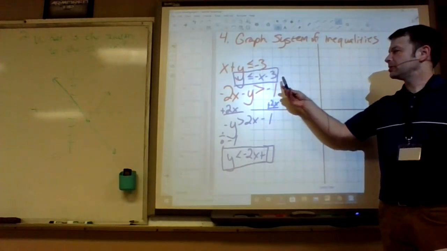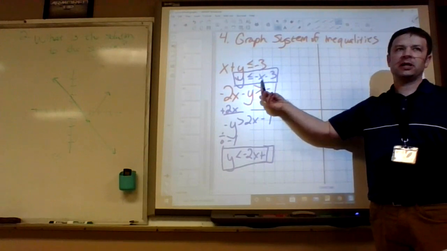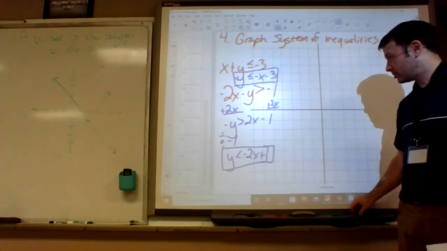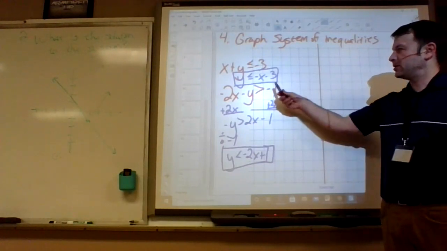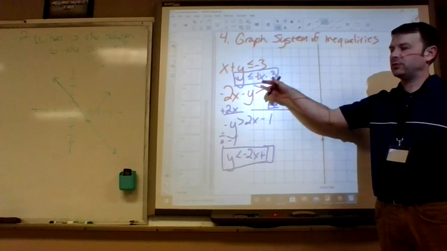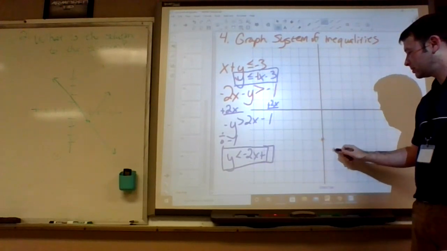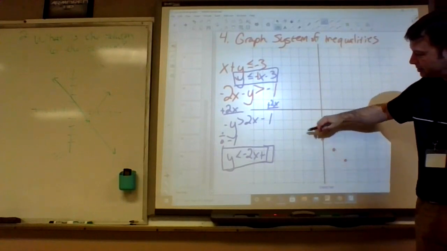Let's see. So, where do I start to graph this first one? Minus 3. Down 3. So down 3 right there. Where do I go? Down 1, over 1. Down 1, right 1. Is the line solid or dashed? Solid.